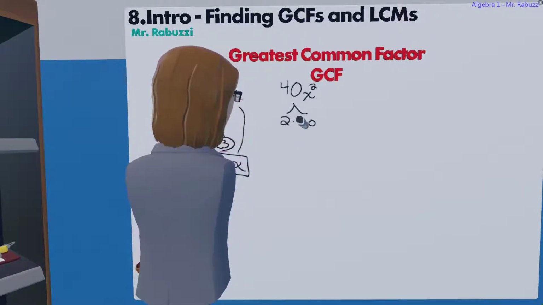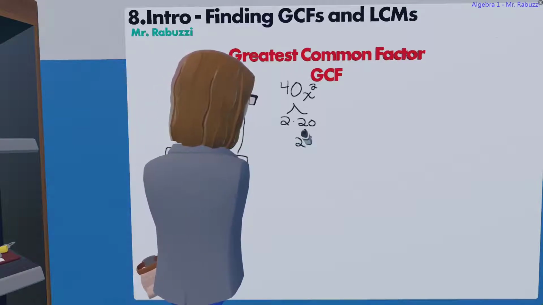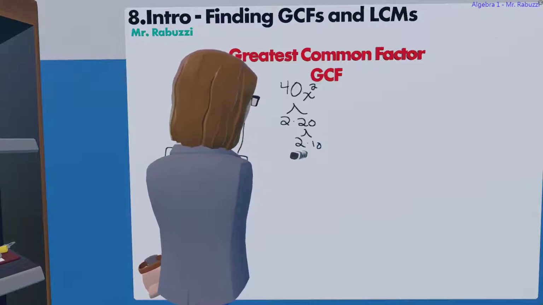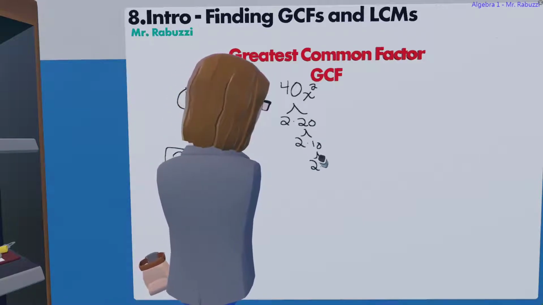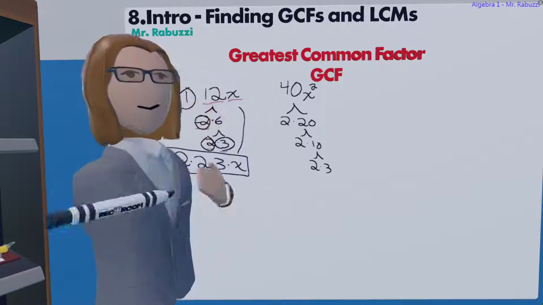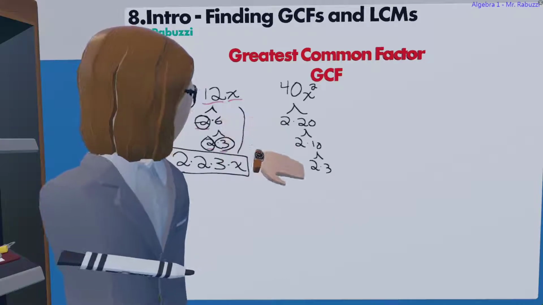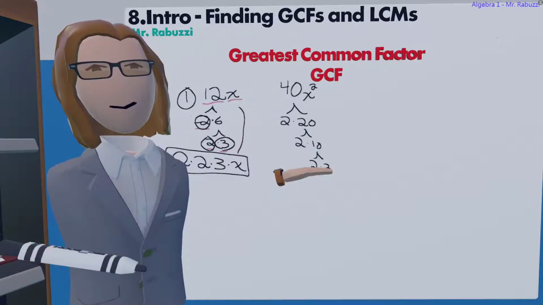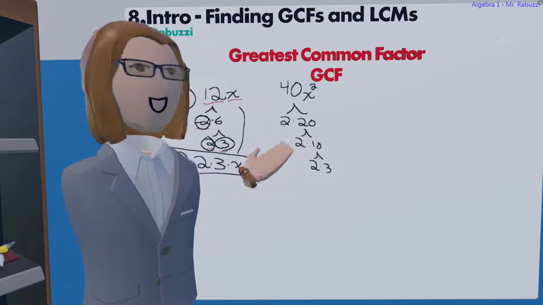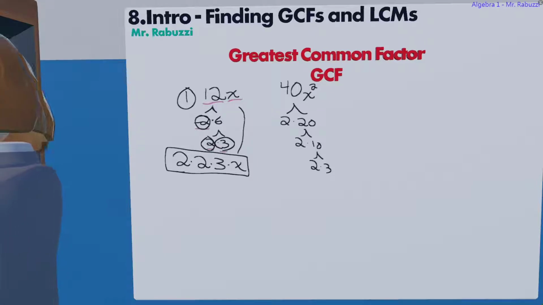Okay, 20 is even again, so break 20 into 2 times 10. Okay, 10 is even. Break it into 2 times 5. So in a lot of these, it's very common to have lots of 2s and some 3s. Okay? These are the most common factors. You can get other prime numbers, but a lot of the time, it's 2 and 3.